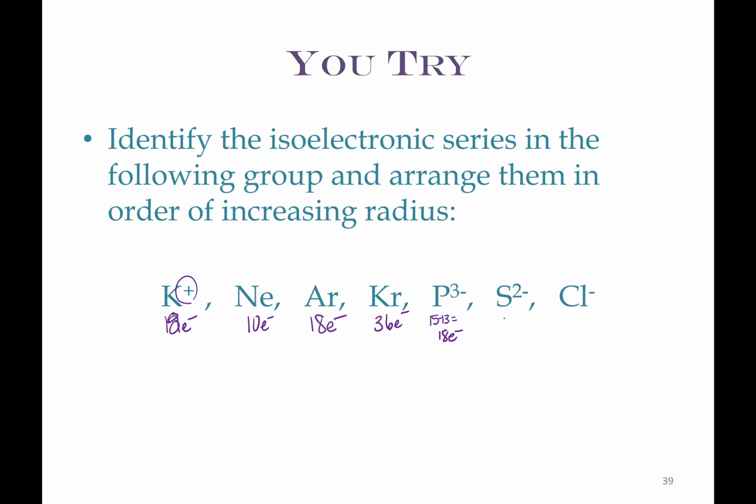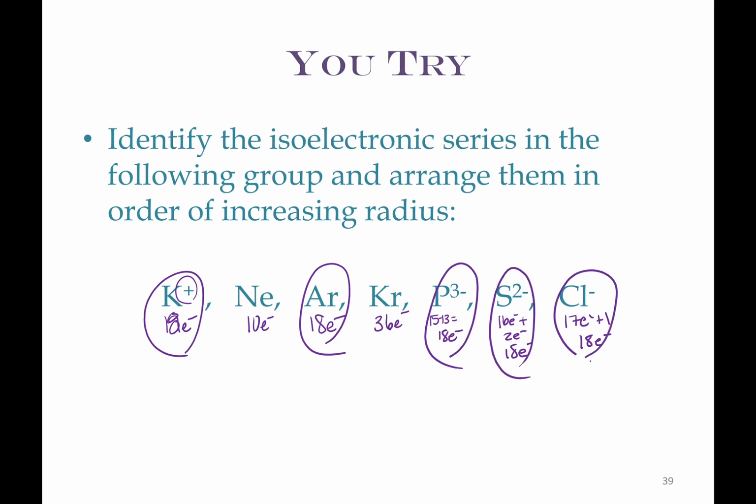Sulfur had 16 electrons, plus 2 gives us 18 electrons. And chloride had 17 electrons plus 1 gives us 18 electrons. So the isoelectronic series is going to be everybody that has 18 electrons. So we can ignore krypton and neon, and then we can put everybody else in order of increasing atomic radius.